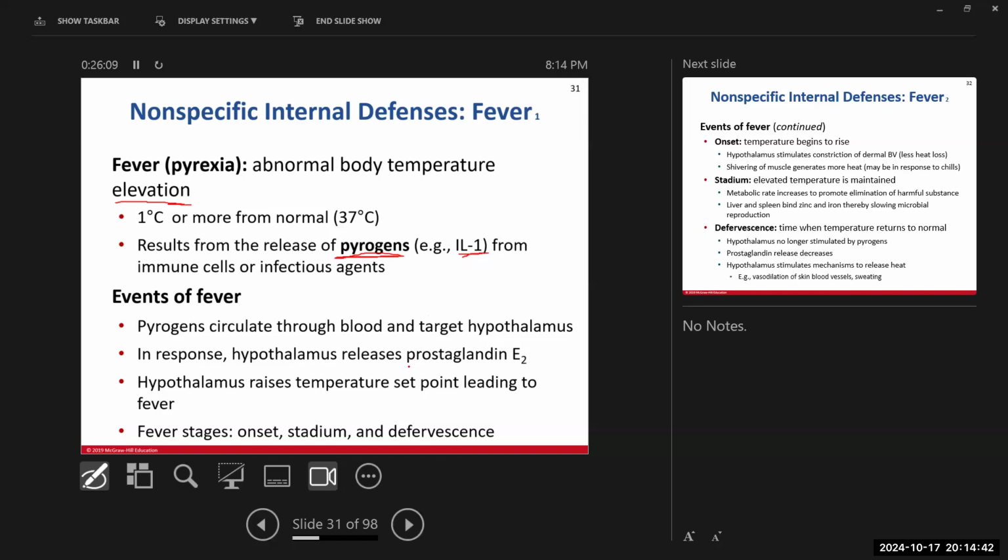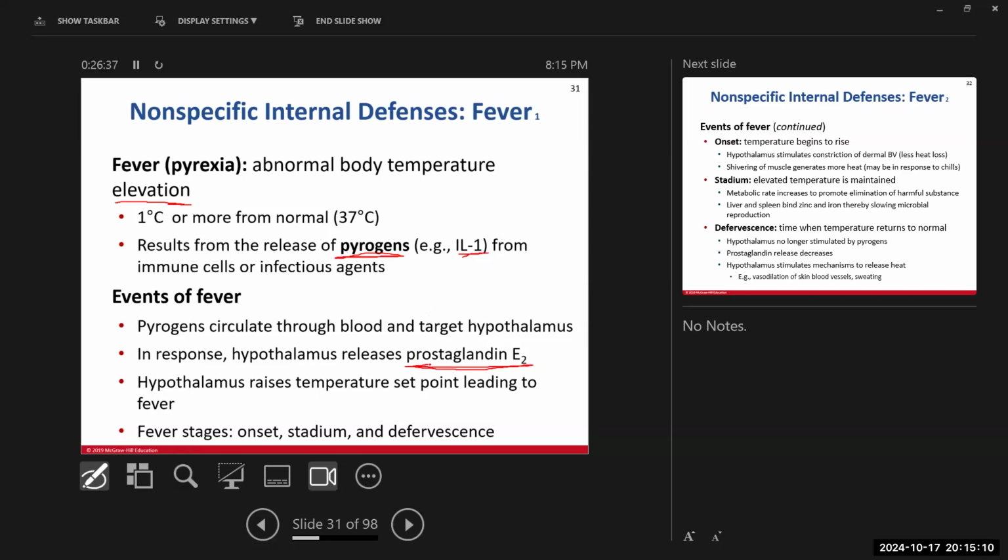How does it do that? Your hypothalamus releases prostaglandin E2, and that causes your hypothalamus to change its set point. This is back chapter 1 stuff. Your set point is the ideal number that your body wants to be, like the set point for blood pressure. What is that? Do you know the value? Yeah, 120/80. Body temperature set point is 98.6.